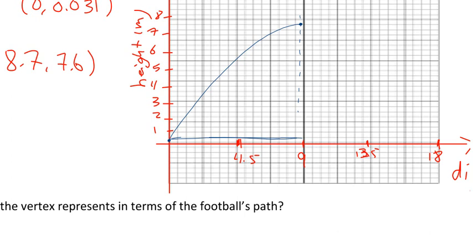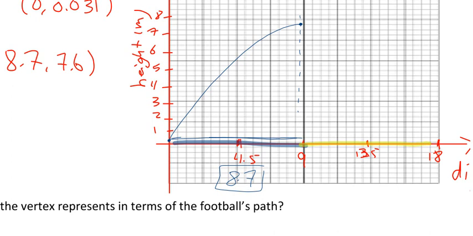Okay? This is at 0 and 0.031. And there's 8.7 meters. If I'm looking at this, that's 8.7, right? If I add another 8.7 on the other side, 8.7 plus 8.7 is 17.4.